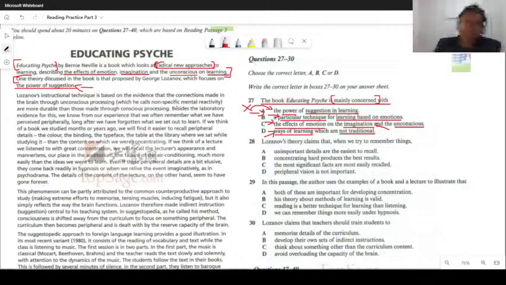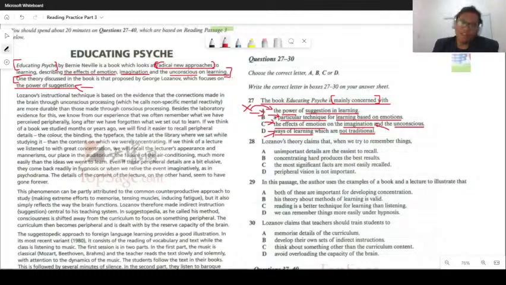So radical new approaches, learning, effects of emotion, imagination, unconscious on learning. All of those keywords must be connected in one phrase. So we need to take a look at which one sums up all of those keywords together the best.